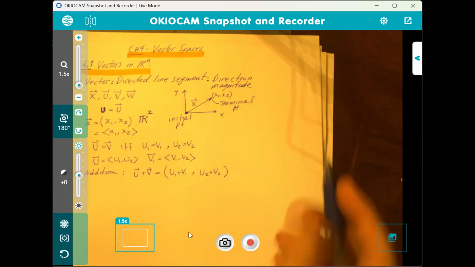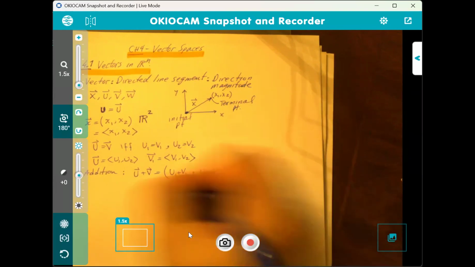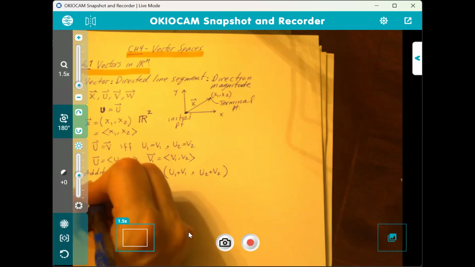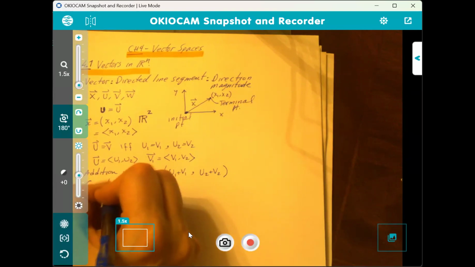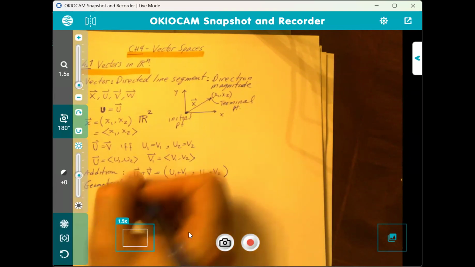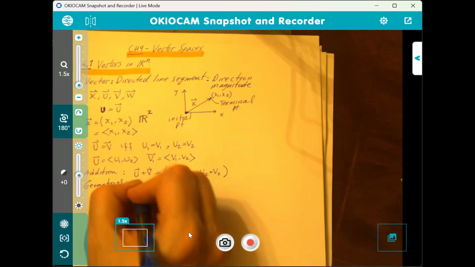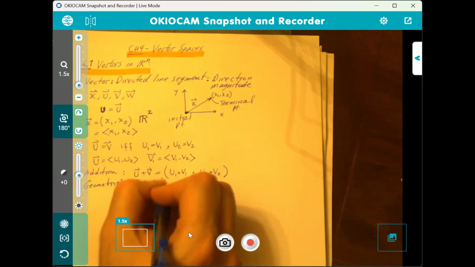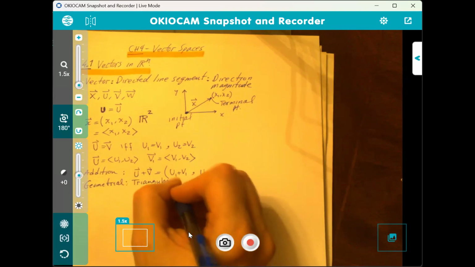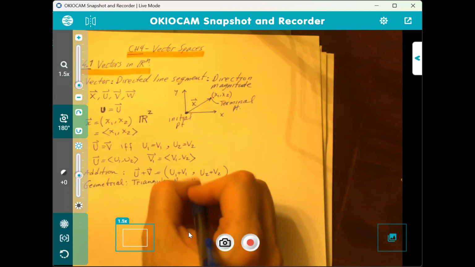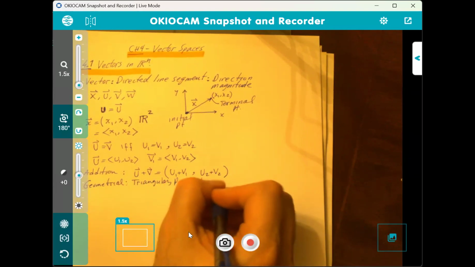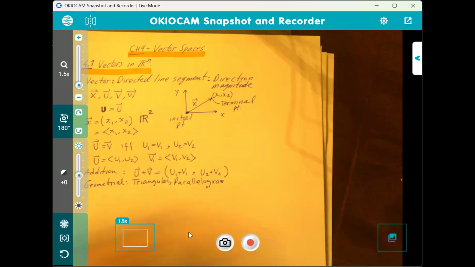You've seen them, right? The geometrical methods of adding them are the triangular method, and we can also do the parallelogram method of adding these vectors.